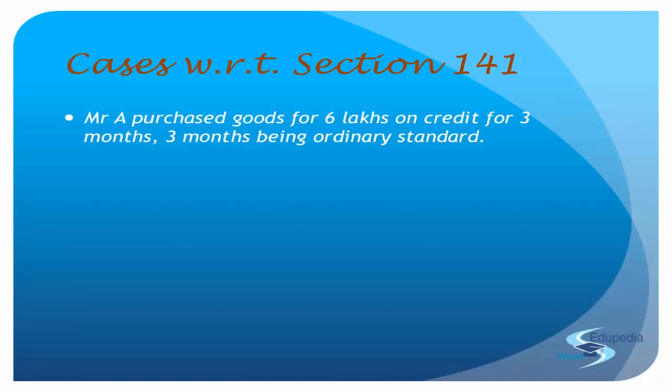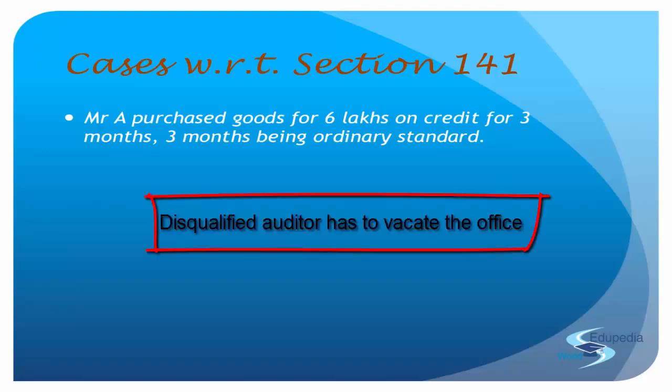So over here, yes, the amount has fallen beyond 5 lakh rupees. The second thing that you need to check is the ordinary standard. In the ordinary standard, yes, they have given an arm's length price and yes, they have given the credit also for 3 months. But what does section 141 subsection 4 say? It says that the auditor becomes disqualified. If he becomes disqualified, he has to vacate the office.